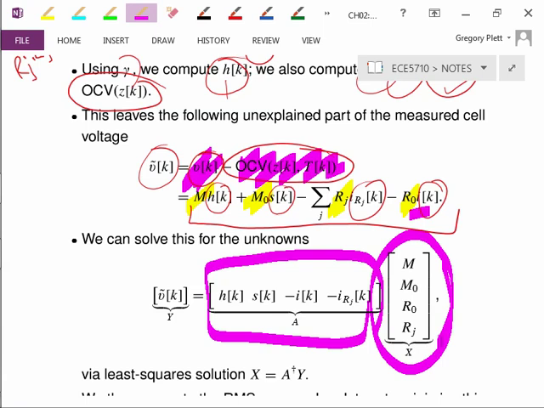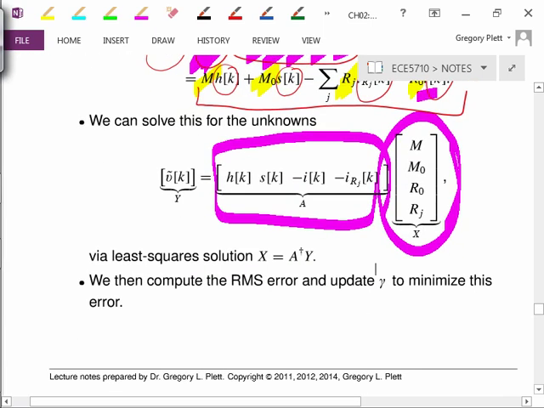Y is one column with as many rows as I have data points in my test. So Y is a vector, A is a matrix, X is a vector. Again, we're going to use least squares to solve this and get X equals A dagger Y. And in MATLAB, remember this was X equals A backslash Y.